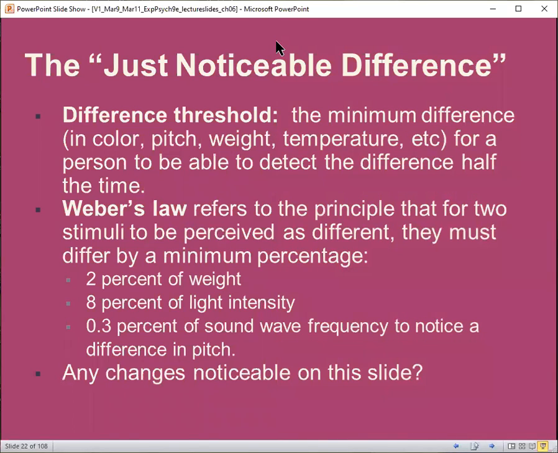I don't know if it comes across, but there you go. So the idea is that it's a subtle change. In order for you to be able to notice it, it needs to be a certain degree of difference in intensity. So the idea here is that with just noticeable differences, or the difference threshold, we have determined certain things that will influence your ability to detect a difference between 2 stimuli.